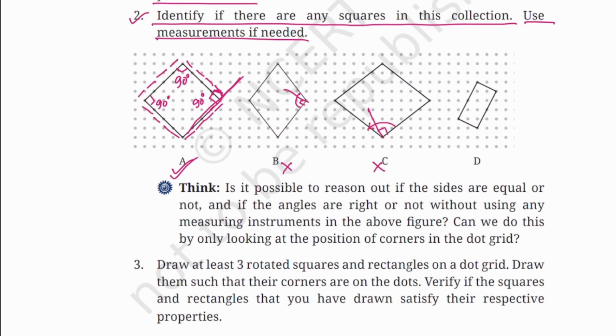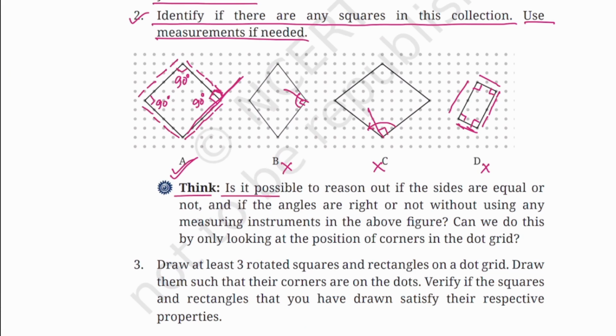So this is not a square. In the fourth figure, you can see side lengths are not equal. So this is not a square, though its corner angle is 90 degrees. Since its opposite sides are equal, it will be a rectangle.